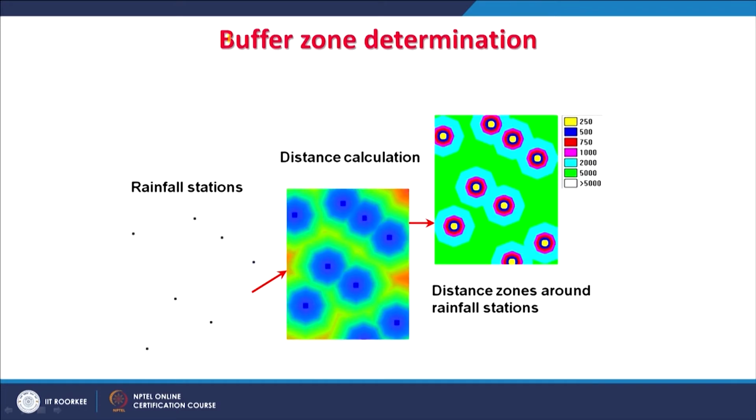Similarly, buffer zone determination using point data can be done. If we have the rainfall information about certain points, I can do the distance calculation, and finally I get the distance around rainfall stations, where it is expected that the value of rainfall would be more closely as per input, but as I go away from the station, that certainty is not there, but still I can generate buffers like this.